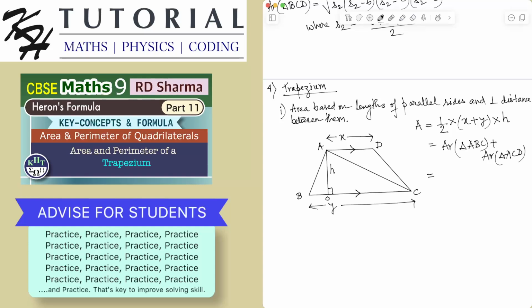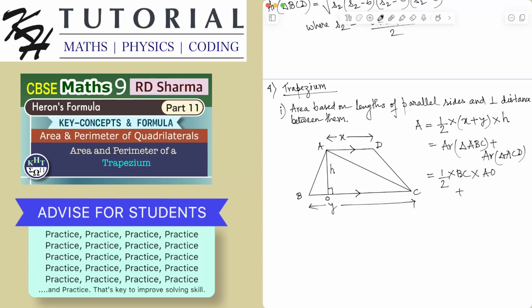Considering BC as the base, it is half into BC multiplied by AO, since AO is perpendicular to BC, so obviously AO is the corresponding altitude of the side BC of the triangle ABC. So, it will be half BC into AO, plus the area of the triangle ACD.